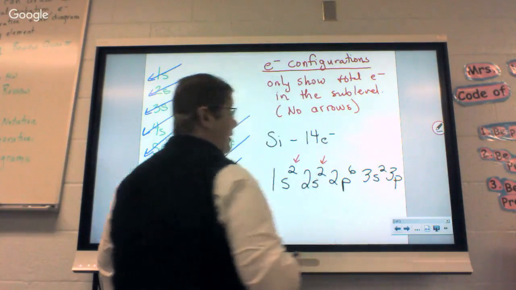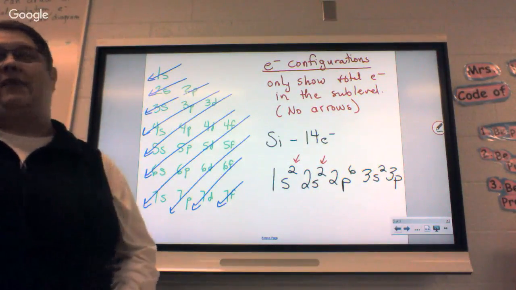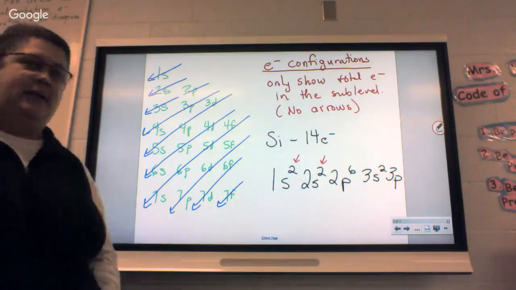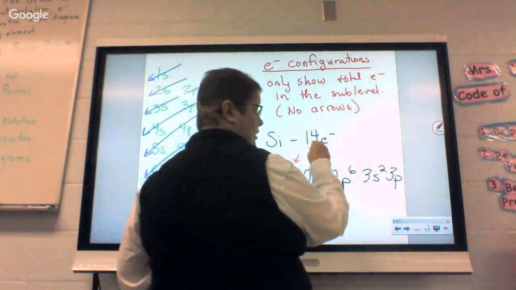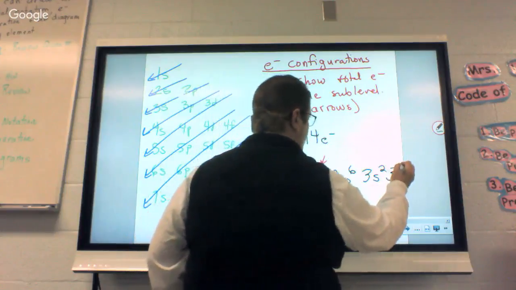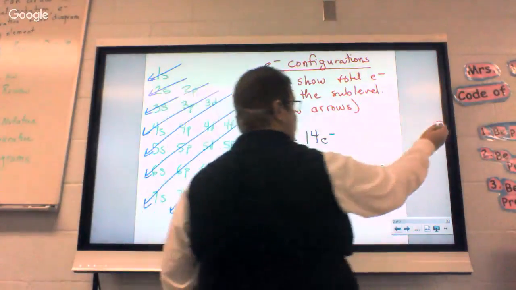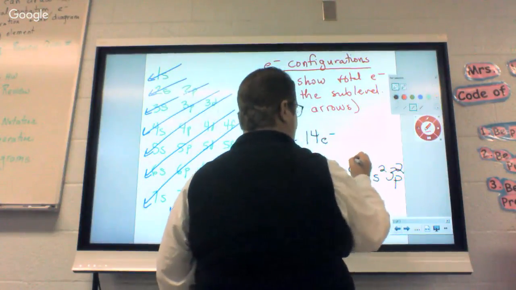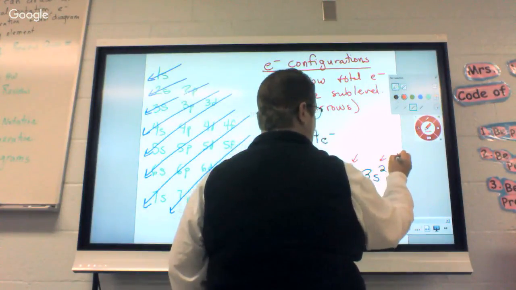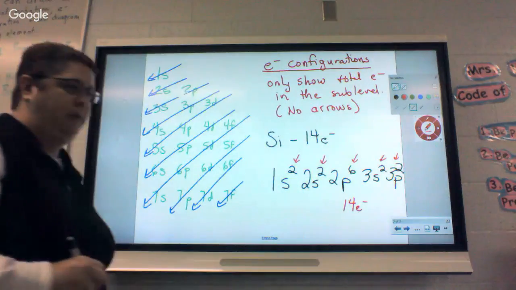Now, how many can go in a 3p? If I say 12 plus 6, I have 18, but I don't want 18, I want 14. So 12 plus what will give me 14? So I'm going to write 2 right there, so that when I add all these numbers together, I get 14 electrons.